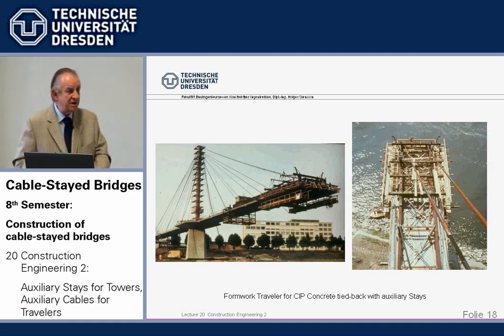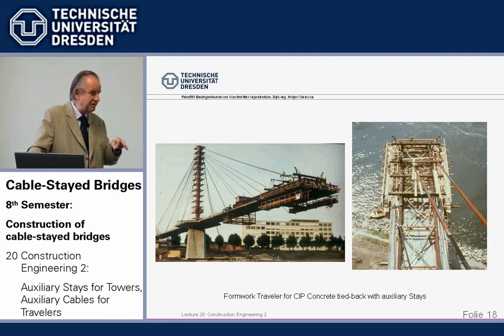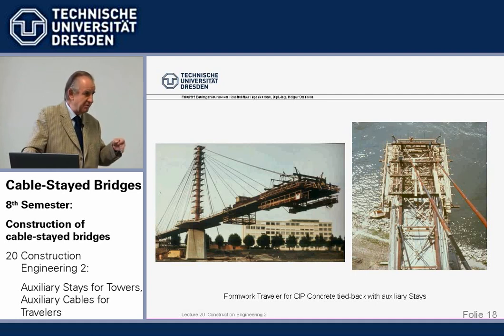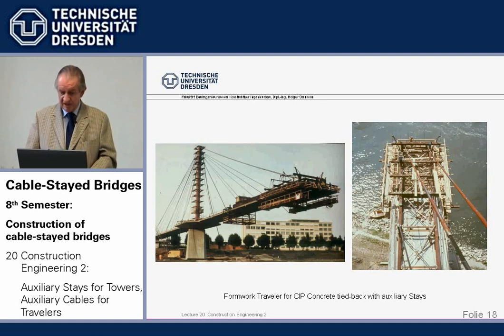Now we come to cast in place concrete beams. Until now I've shown for clarity precast elements. They are heavy, and you can understand it very easily. Now when we have a cast in place beam, then we cantilever from one permanent stay cable to the other.